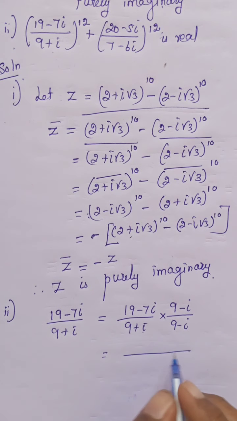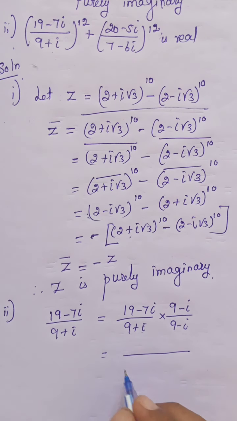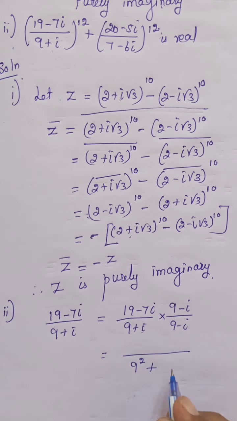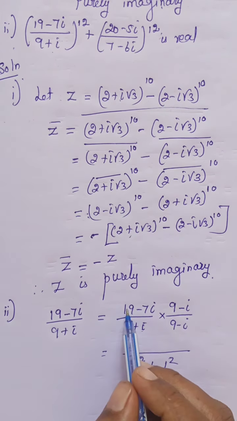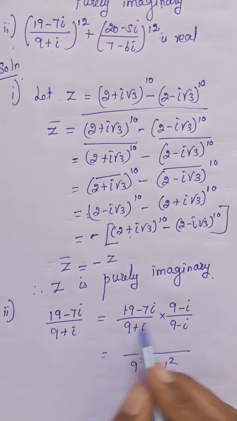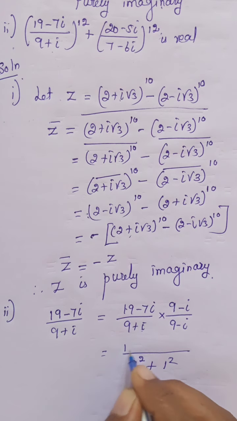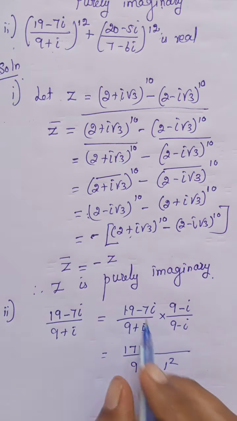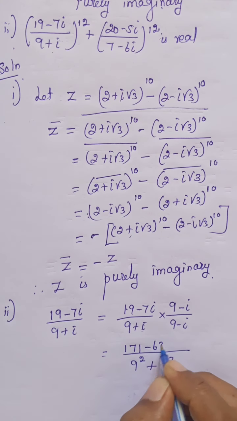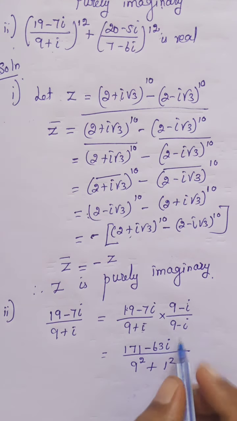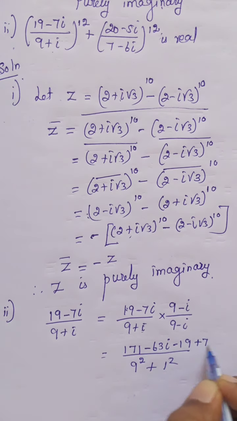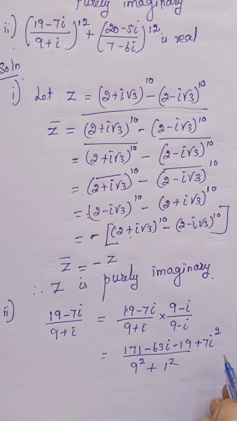See the denominator: 9 squared plus the value of y, which is 1, so 1 squared. 19 into 9 is 171, minus 63i. This is minus 19i, minus into minus plus 7i squared.